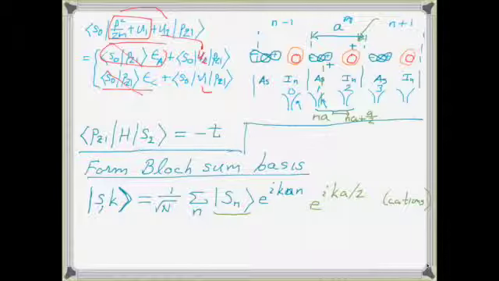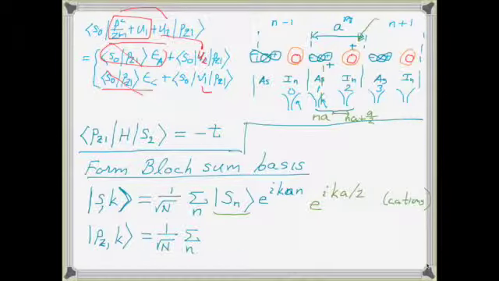And so for the p orbitals, I have pz, same deal, 1 over root N, sum over the unit cells, the pz orbital in each unit cell times its phase factor.